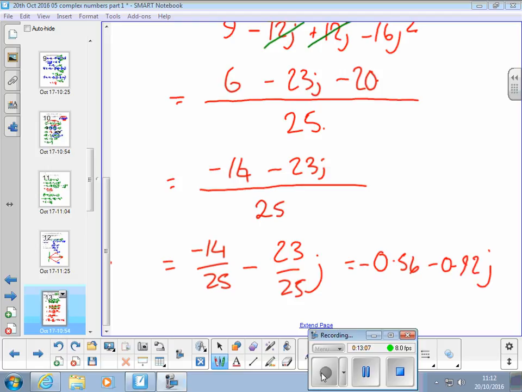So you could leave your answer in the fraction form, or put it in decimal form. I'm assuming they are both rounded to two significant figures. They are exact, are they? Okay.